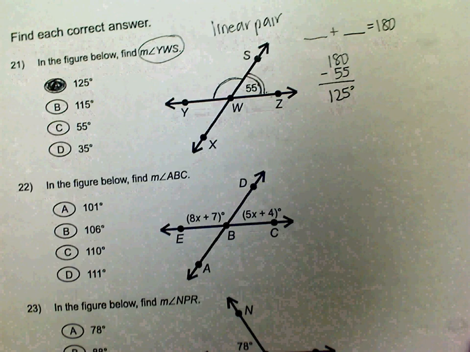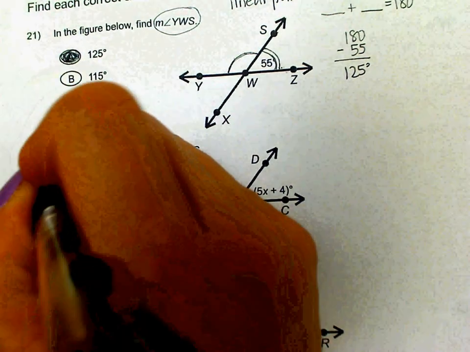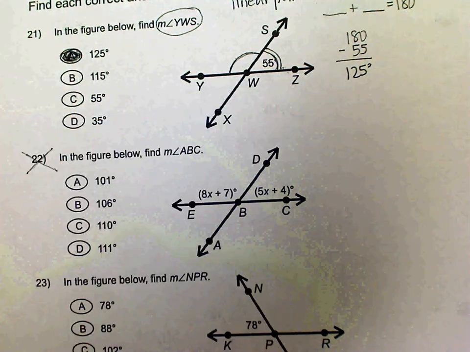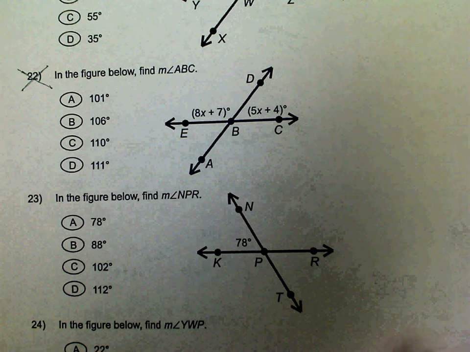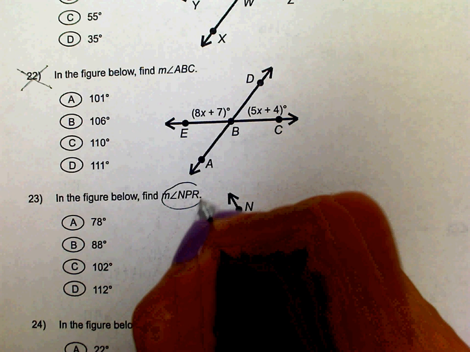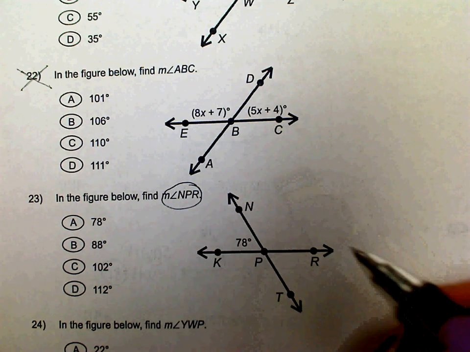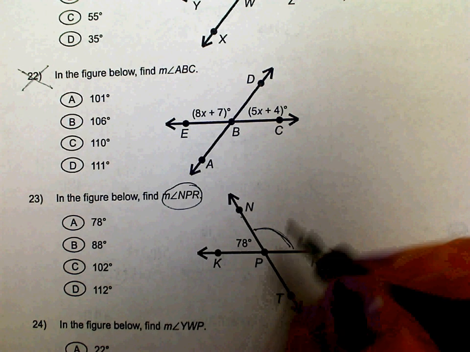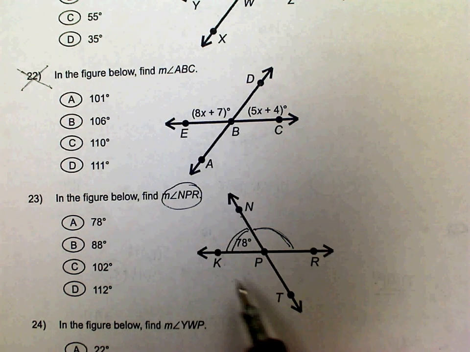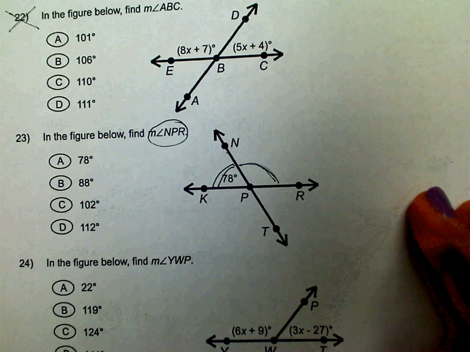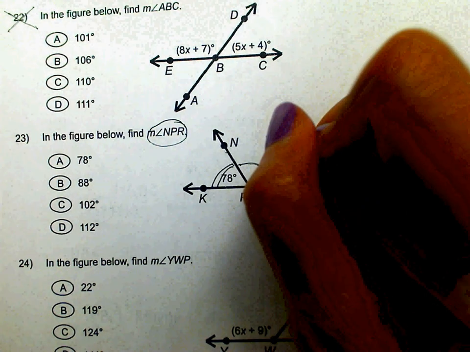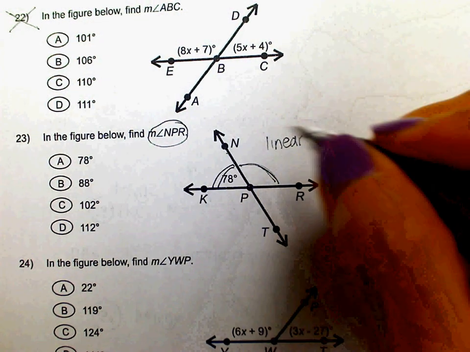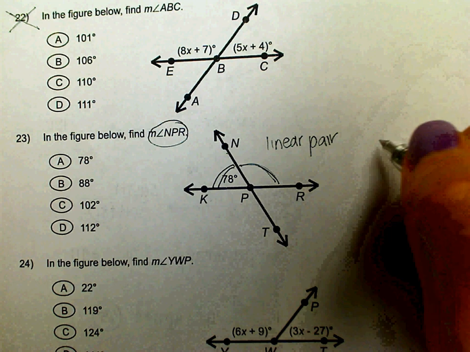Skipping number 22, and then number 23. In the figure below, find the measure of angle NPR. So let's see where that is. NPR. Oh, that's another linear pair because if you look at it with 78, which is helpful to us, this is another linear pair. Which again means you just need to do 180 minus 78.